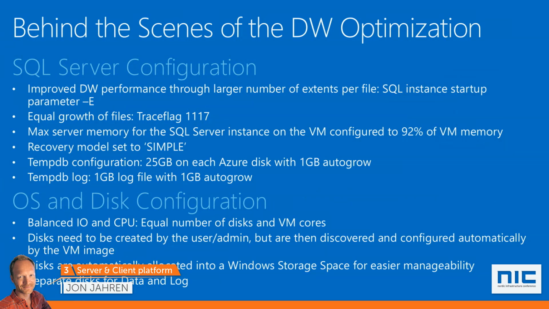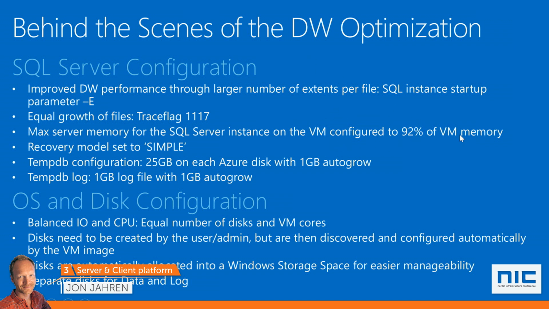So the database optimization, for example, does the following. It sets the SQL instance with the trace flag -e, which enables larger extents per file. And then it sets the trace flag 1117, which makes sure that if you have several files in a file group, these grow in parallel. We also have maximum memory, which is set in the default image to the default setting, which just expands to the amount of physical RAM you have in the server.